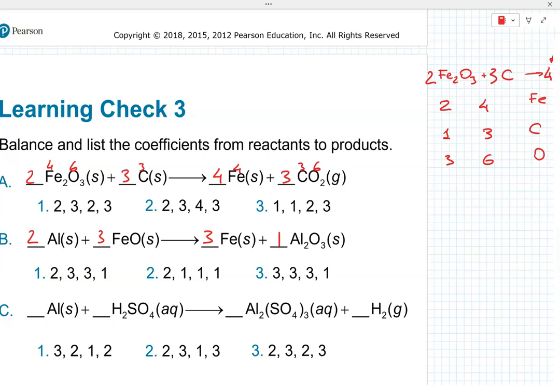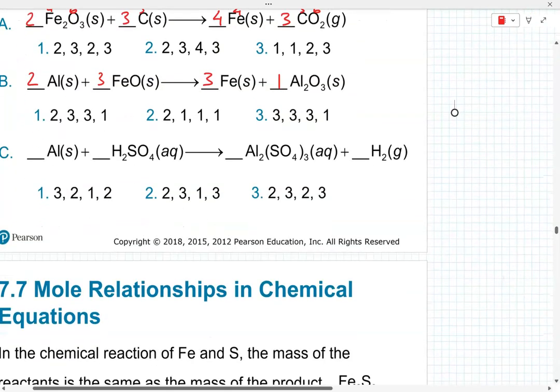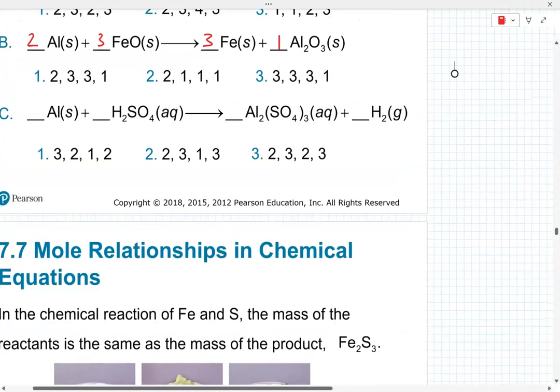And on the right? How many oxygens are on the left? On the right? Good. This one. I'm going to give you option 2. Shall we?